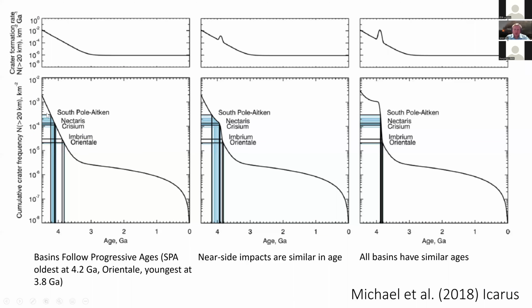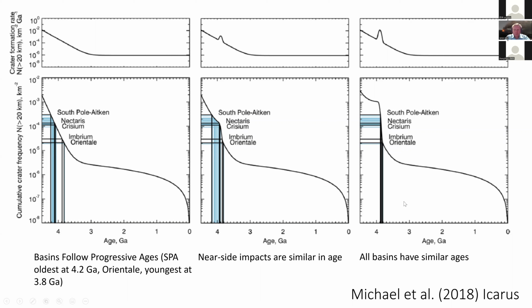If, for example, the oldest basin, South Pole-Aitken, which is the largest basin on the Moon, is say 400 or 500 million years older than Orientale or Imbrium, then we would have an impact crater frequency that would look something like this left-hand diagram, which would show a monotonically declining flux of impactors and crater formation.